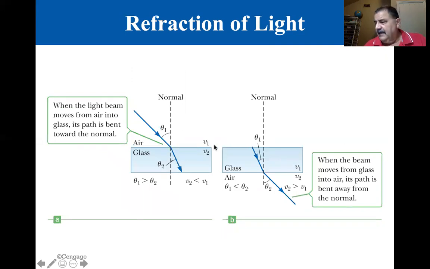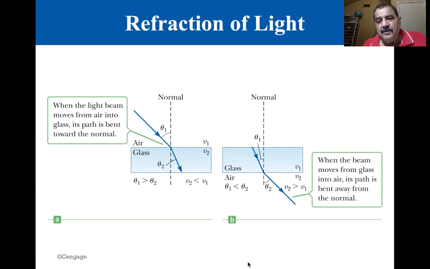Okay, and let's see. When the light beam moves from air into glass, its path is bent toward the normal. You can see that here. Theta 2 is less than theta 1. The way they have it expressed here, theta 1 is greater than theta 2 because V2 is less than V1. Now, as it comes out of the glass, when the beam moves from glass into air, its path is bent away from the normal.